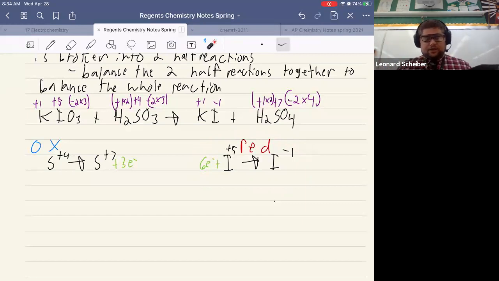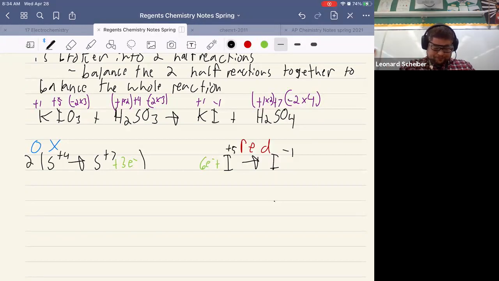So what we need to do is balance these two half reactions together. We have to balance out the number of electrons. That's super easy to do. All we have to do is double up. So we're going to do that times 2. Then our new oxidation half is 2 S plus 4, yielding 2 S plus 7 plus 6 electrons.